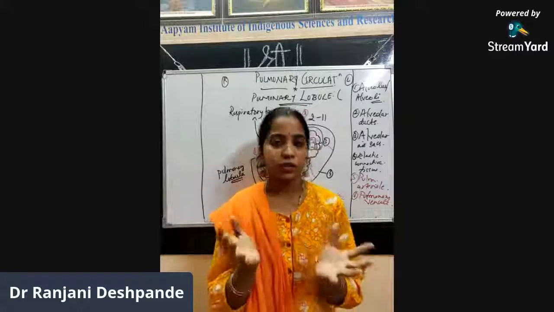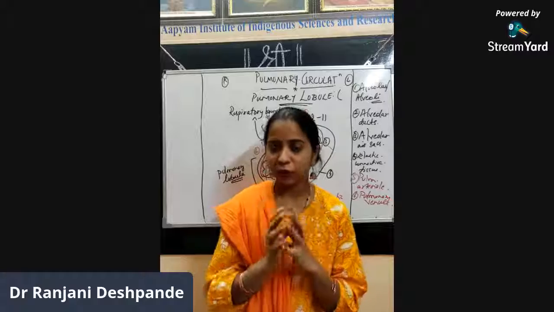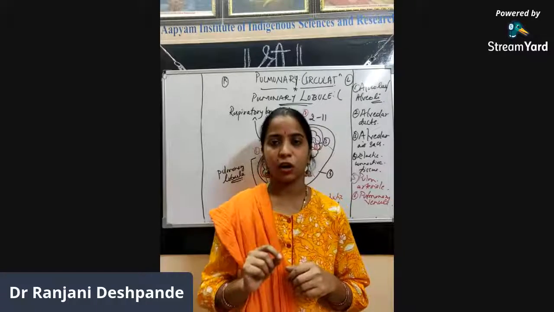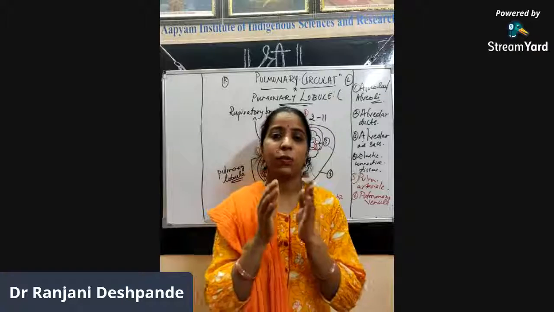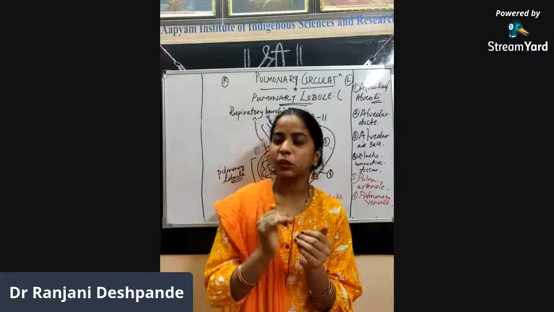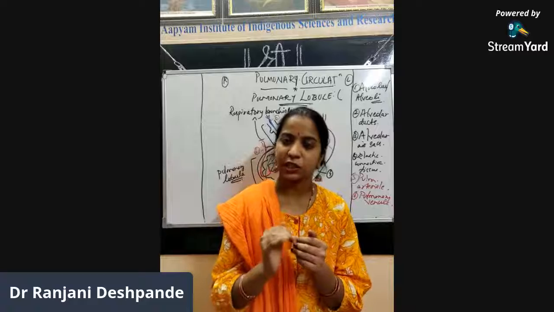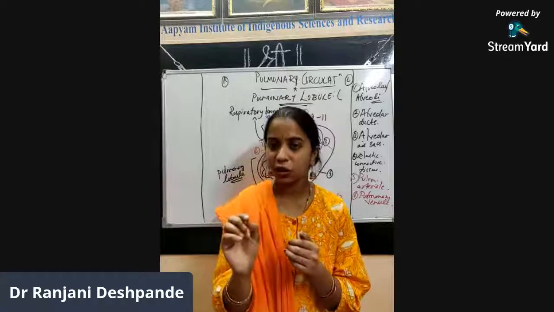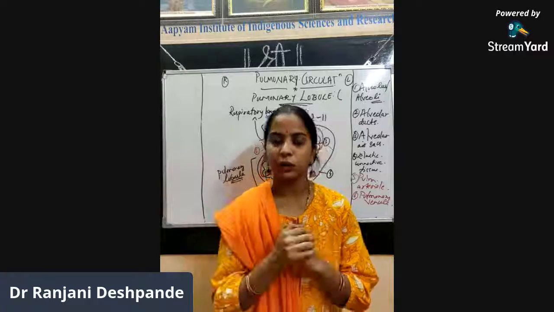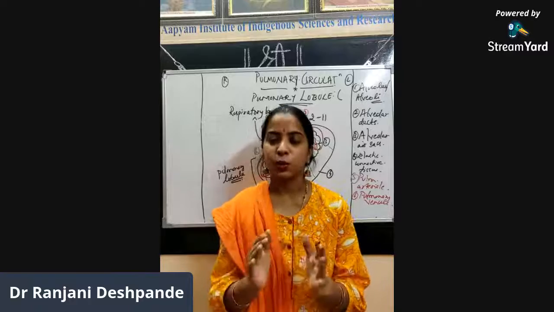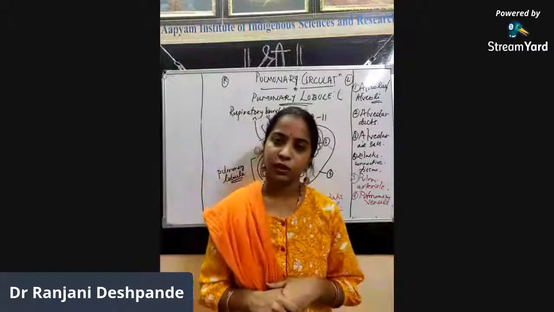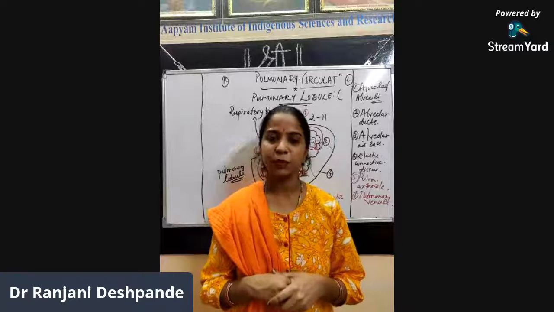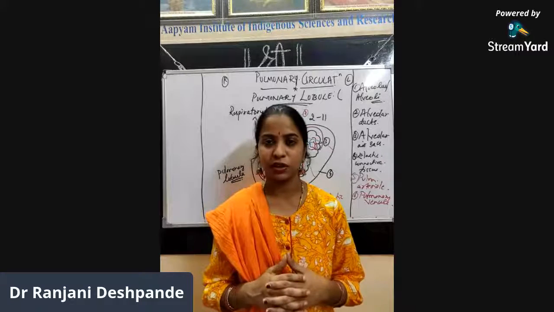We saw how the microcirculation happens, and the anatomy of the pulmonary lobule, why it is called intralobular. We saw what the respiratory bronchiole consists of and what the pulmonary lobule consists of. Then we saw the microcirculation starting from the pulmonary arteriole to moving out of the pulmonary venule. With this, we will conclude today's session, and in the next session, we will move further with the anatomy and physiology of the cardiovascular system.